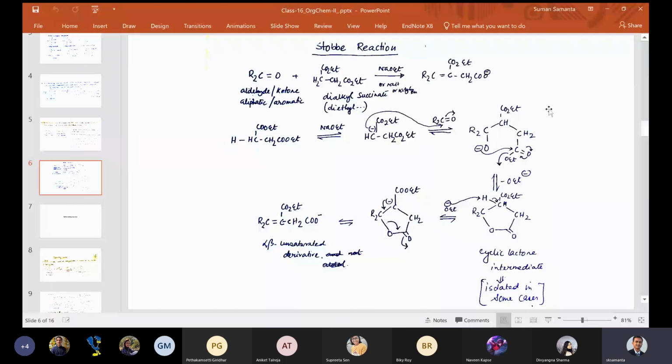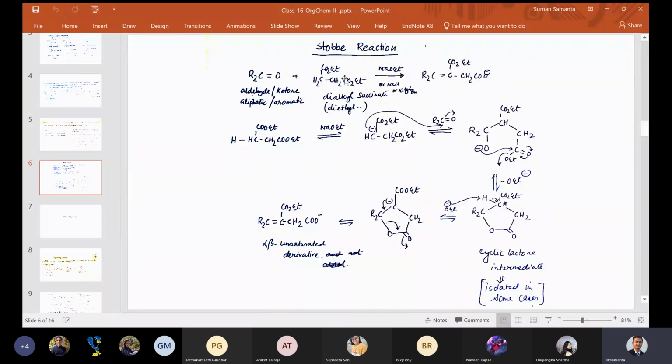Now you remember the glycidic ester condensation where you had an alpha halogen atom like here. But in this case, there is no halogen atom, but there is a carboxylic ester group, arranged in such a way that an intramolecular lactonization is feasible.